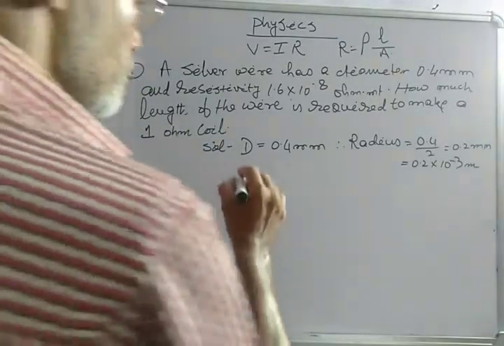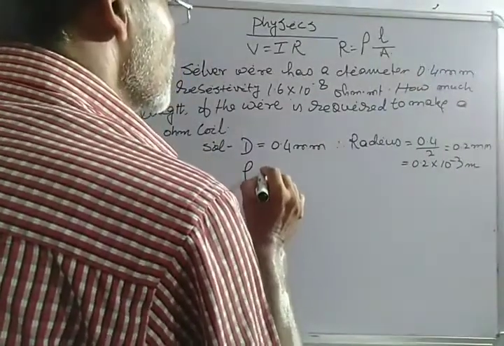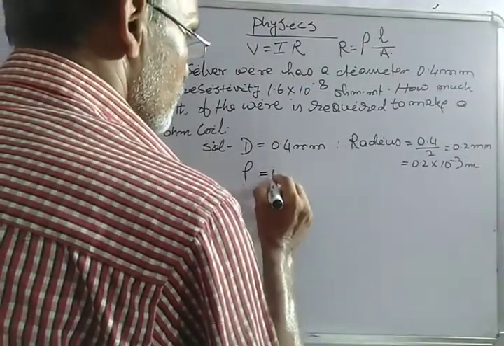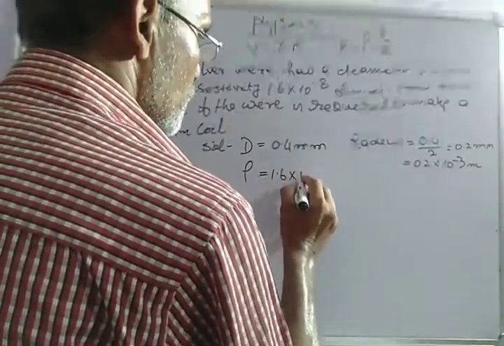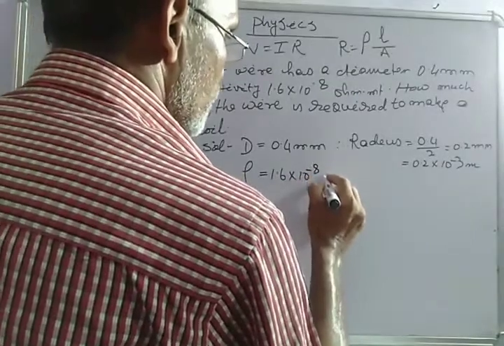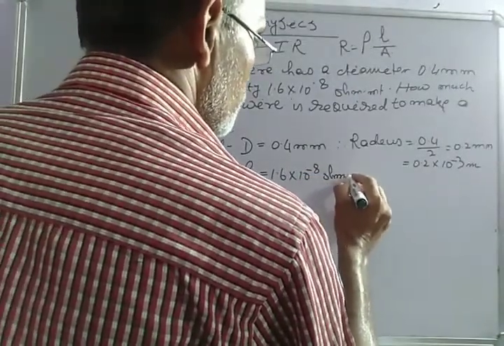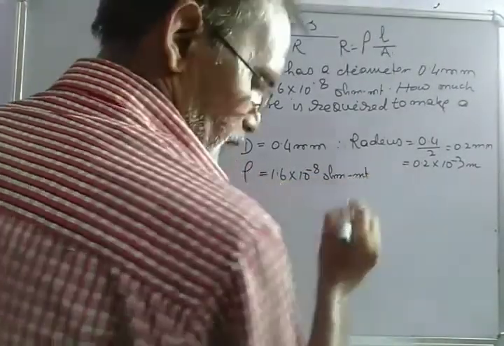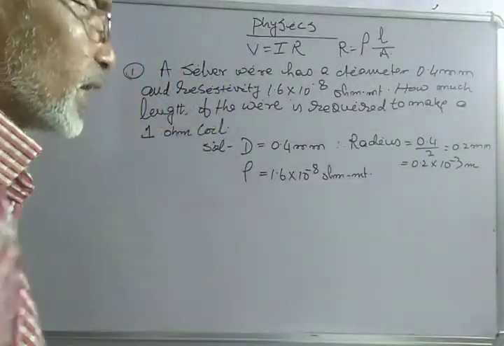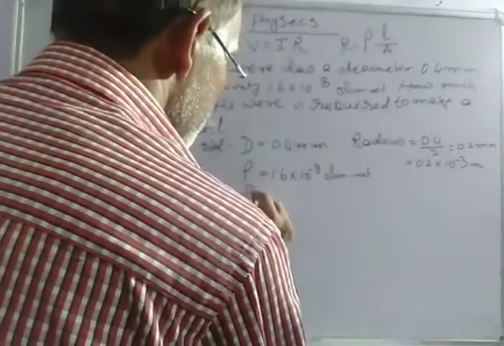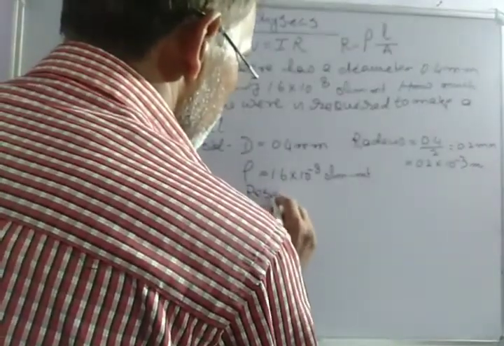So resistivity, that is rho, is given as 1.6 into 10 to the power minus 8 ohm meter. Then what is asked here?